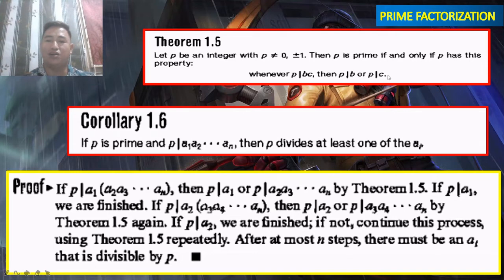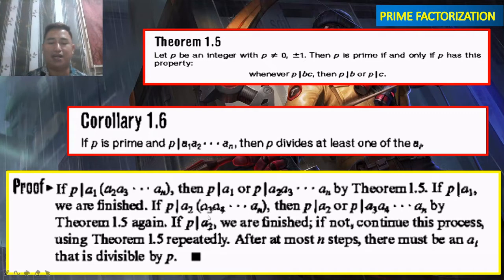Kumbaga, kani siya ang the whole C. By Theorem 1.5, if P divides A1, we are finished. Then P divides at least one of the AI. So, kung mo divide siya ni A1, done na ta.